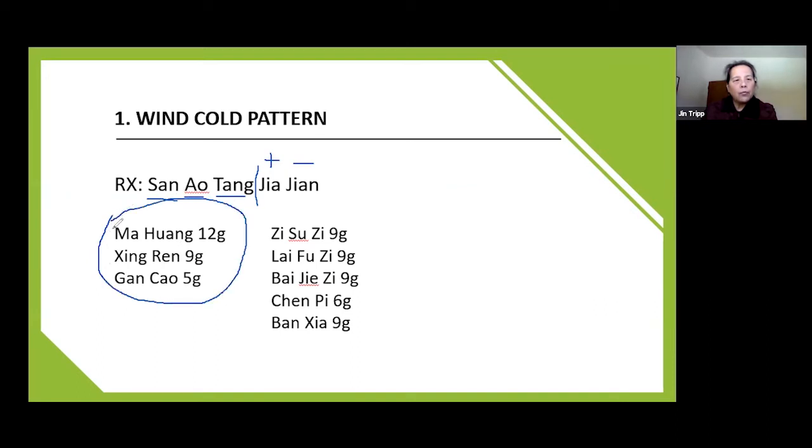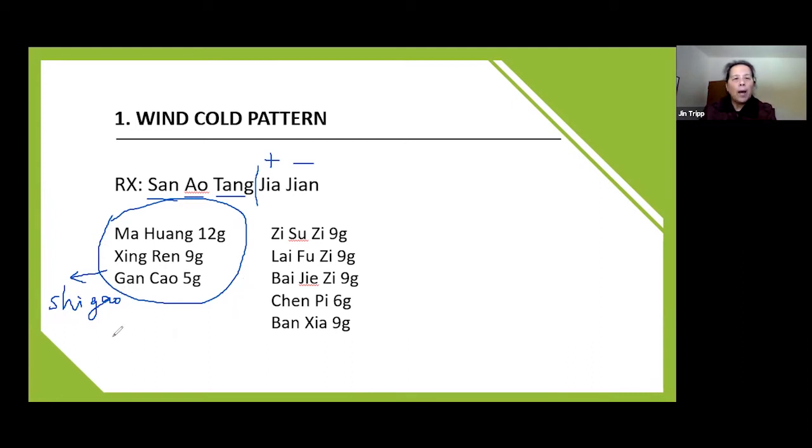The 三拗汤 looks familiar. It is just the 麻杏石甘汤 with 石膏 removed. That's 三拗汤.